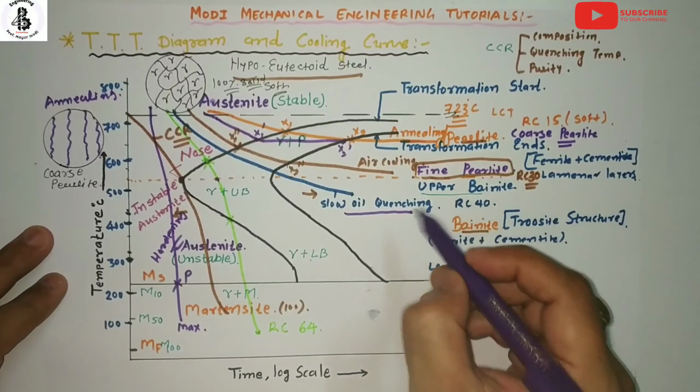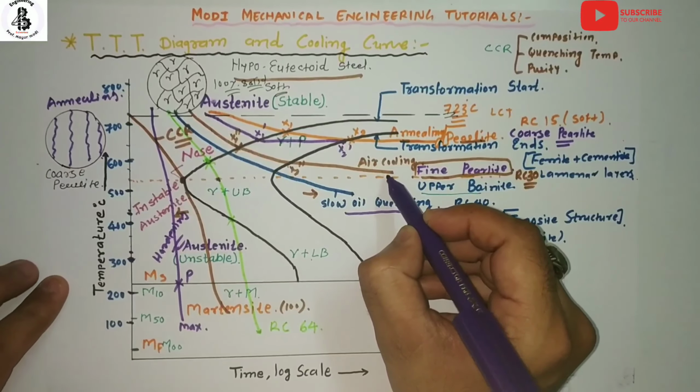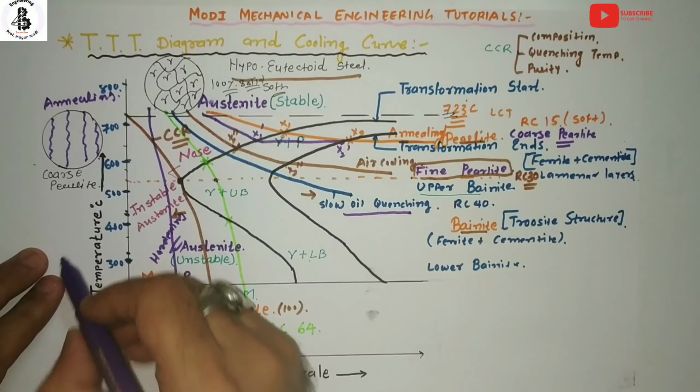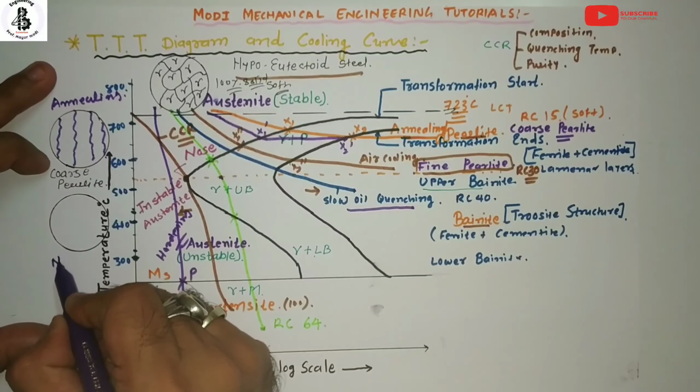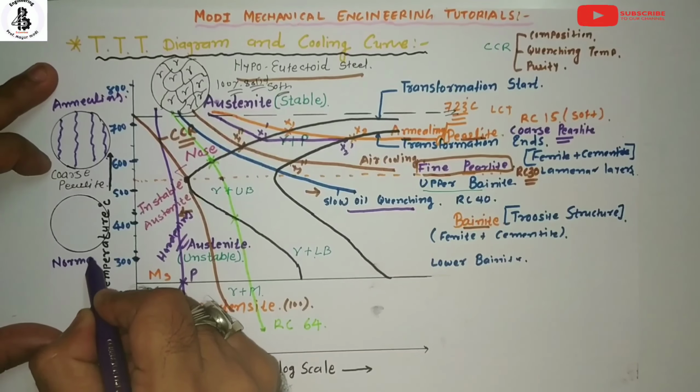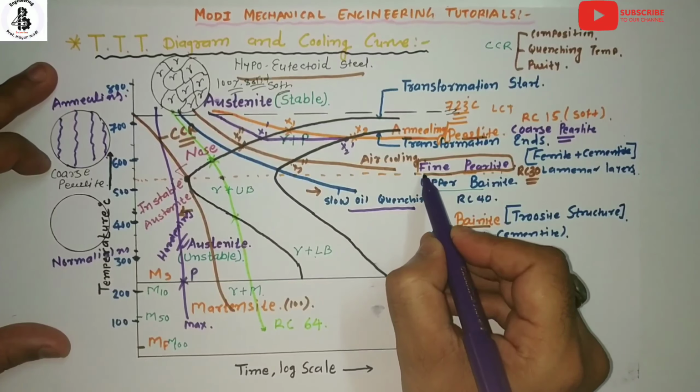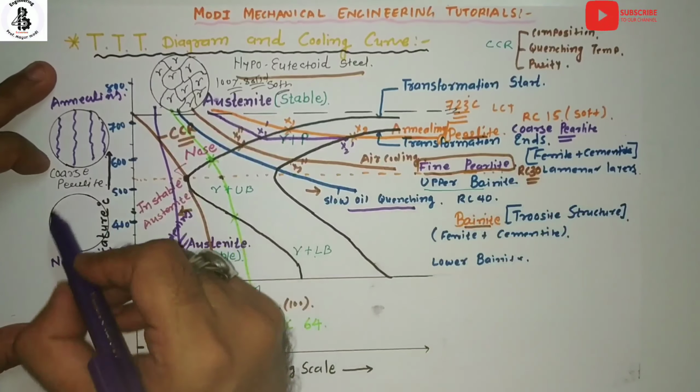Now if we are performing air cooling, or you can say the normalizing process, let's see the microstructure here. By the normalizing process, there will be the formation of a fine pearlitic structure.